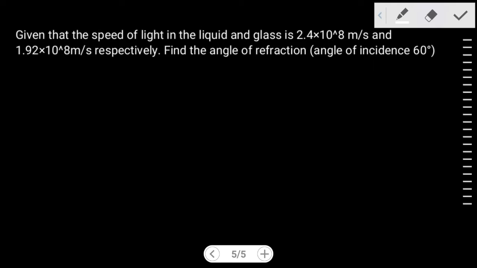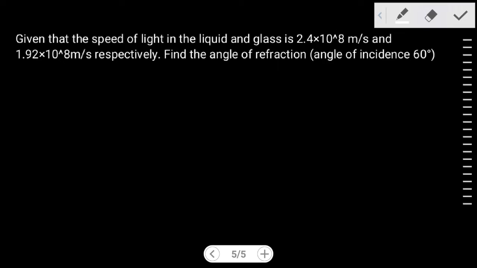For this example, we have been given the speed of light in glass and the speed of light in water or in a liquid, but here they have not specified, and therefore let's take it like that. The angle of incidence I has been given as 60 degrees.